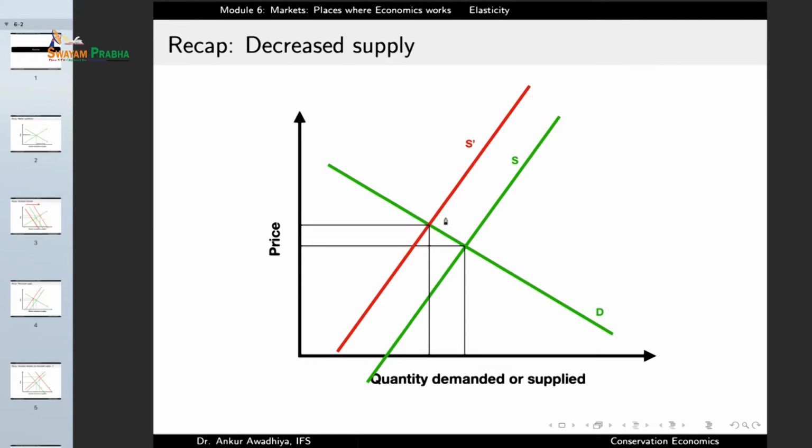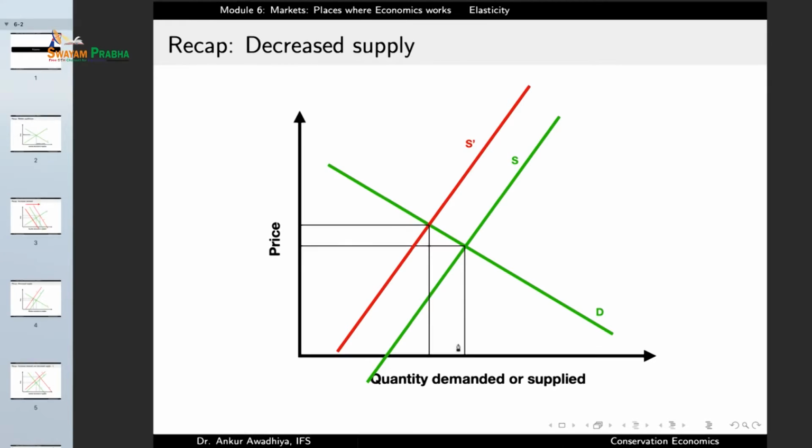So what we are observing here is that if there is a decrease in supply, that leads to an increase in the equilibrium price. So less is the quantity that is being supplied in the market, so there will be more price at which people will have to buy this product. What happens to the equilibrium quantity?